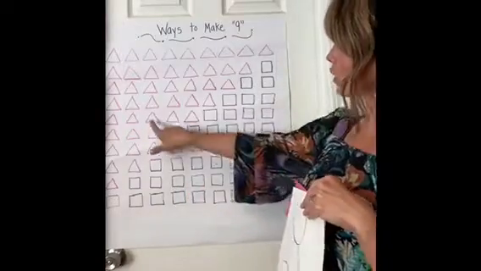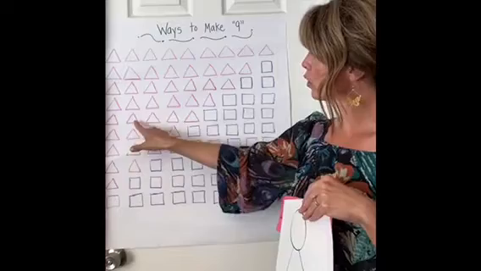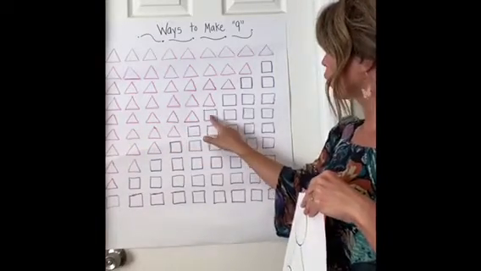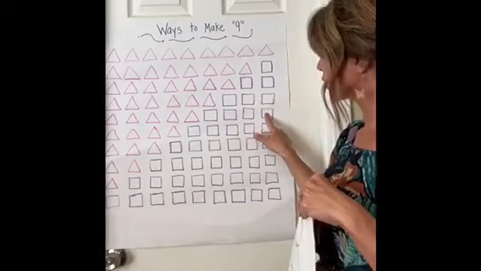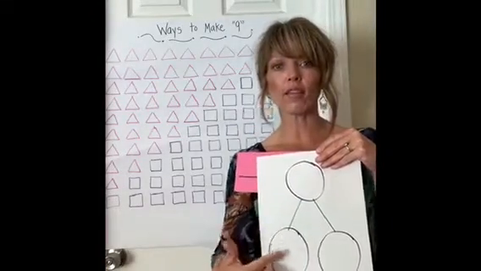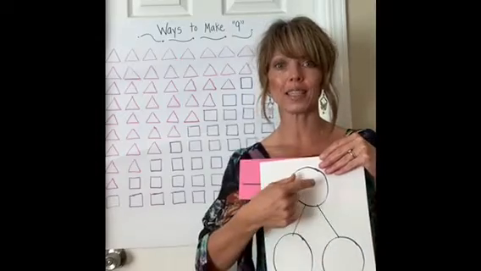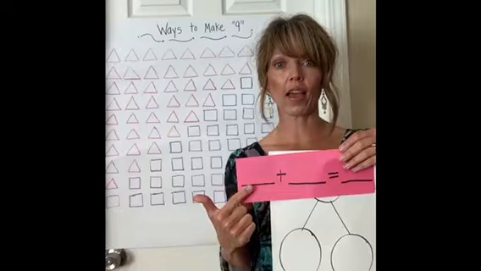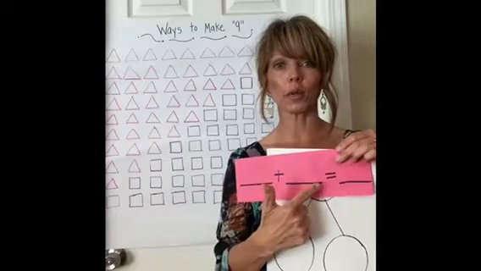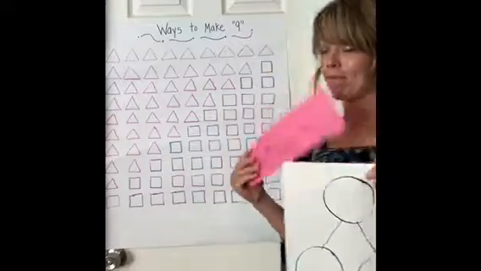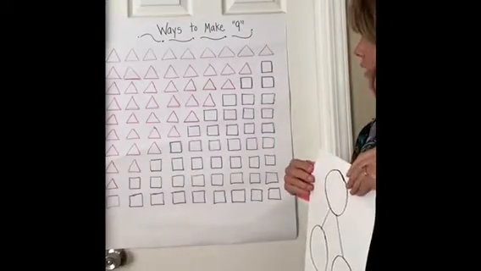Okay, so now let's move down to the next one. We have 1, 2, 3, 4, 5 triangles and 1, 2, 3, 4 squares. So another way to make 9 is 5 and 4 is 9. 5 plus 4 equals 9. All right.